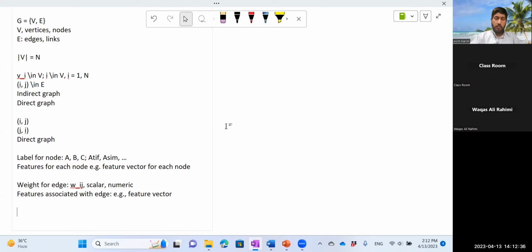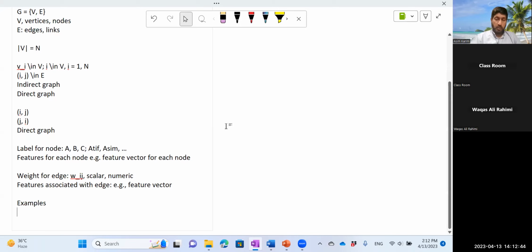Before moving on, let me just mention some example domains in which graphs arise, and many of these examples you already know. Graphs arise naturally in many domains. One of the common domains is social networks, and the name itself has the word networks associated with it, so it means it's a graph.